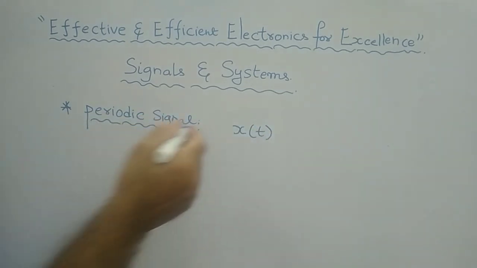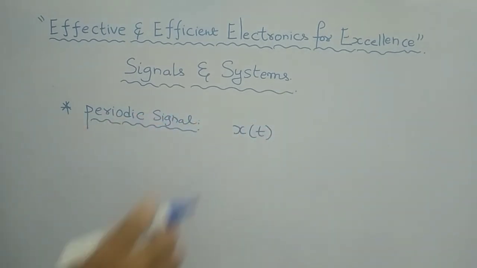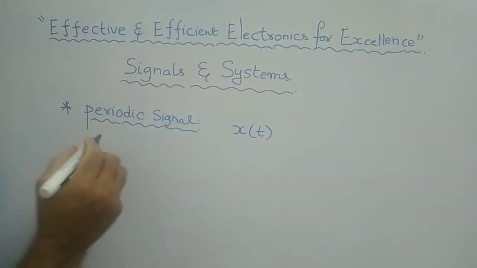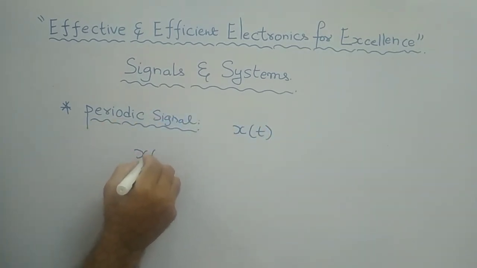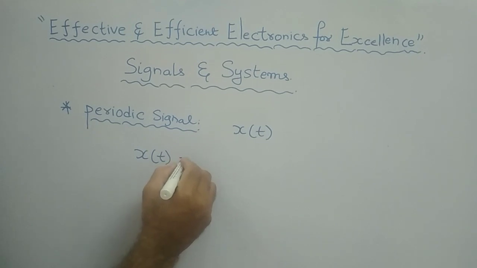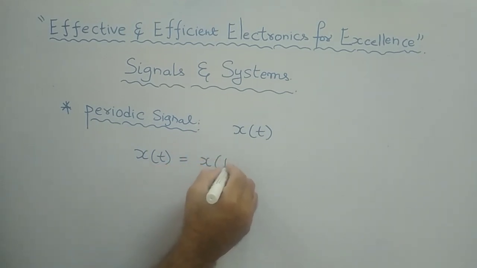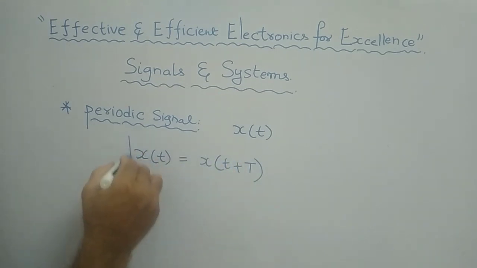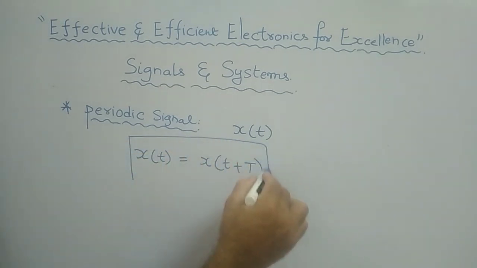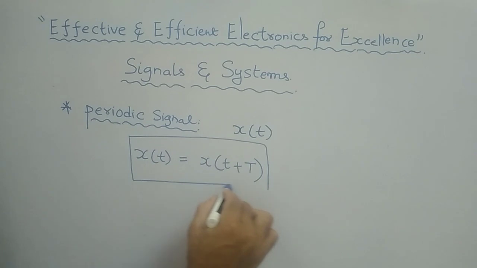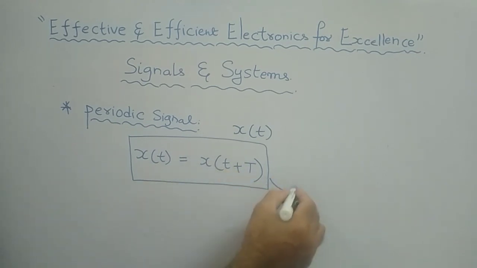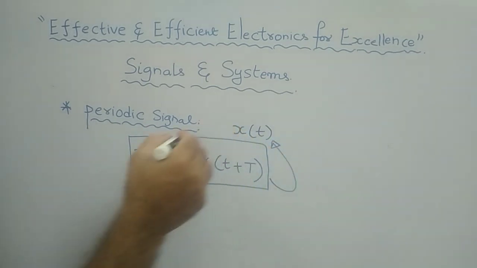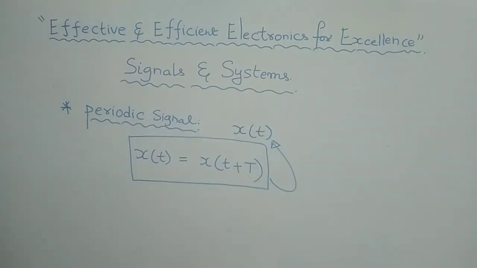If this particular signal satisfies the condition x of t is equal to x of t plus capital T, then the given signal x of t is said to be a periodic signal.